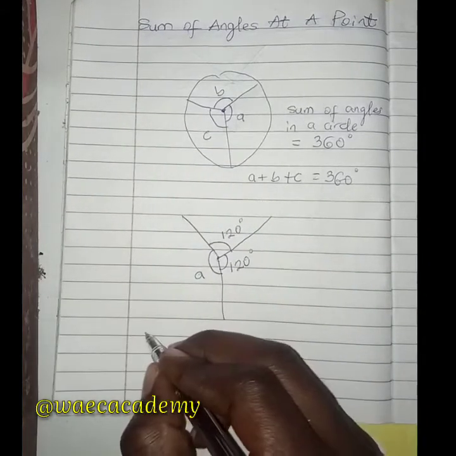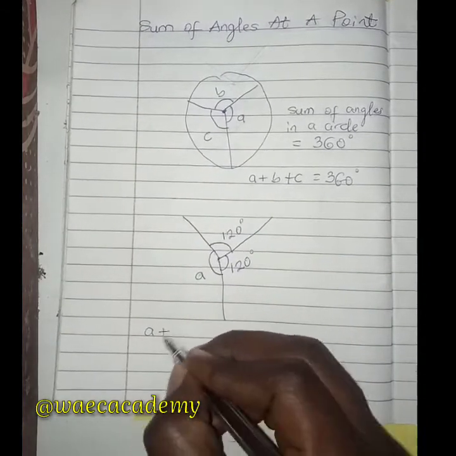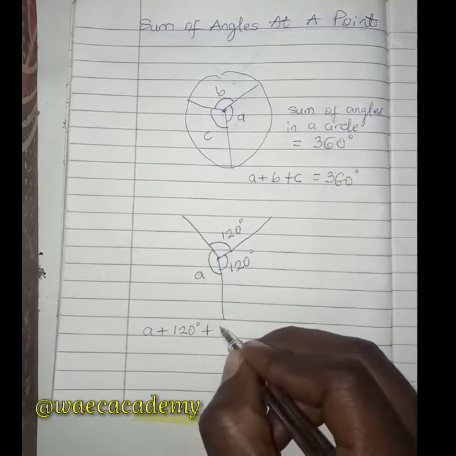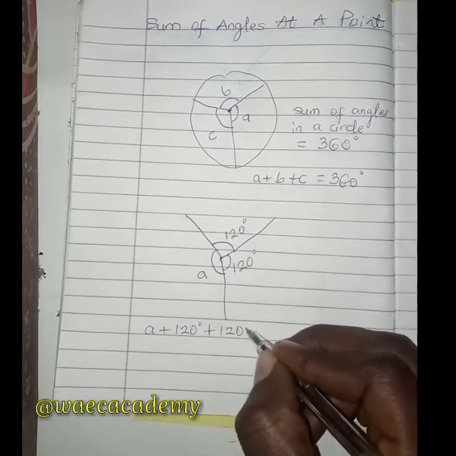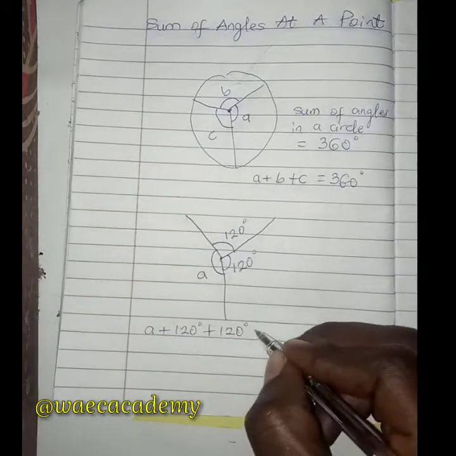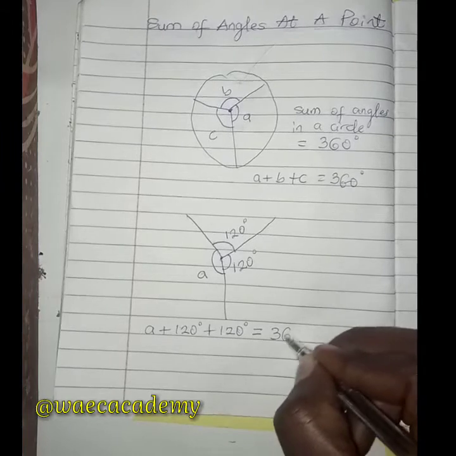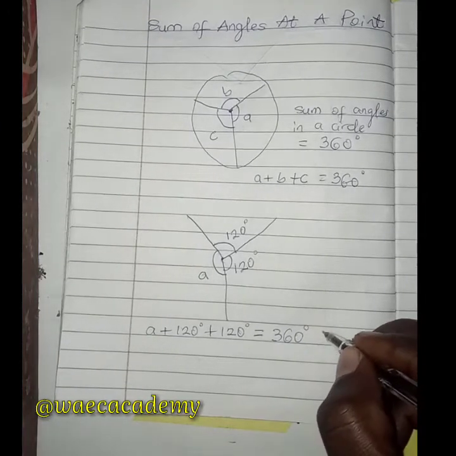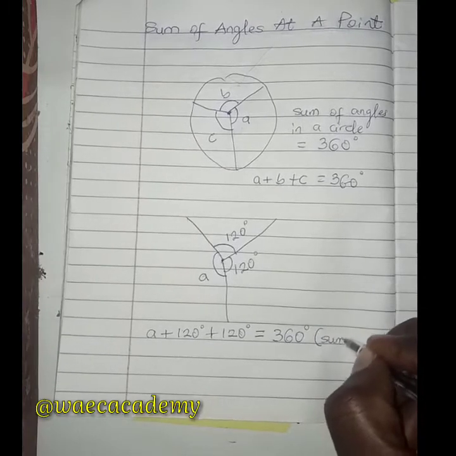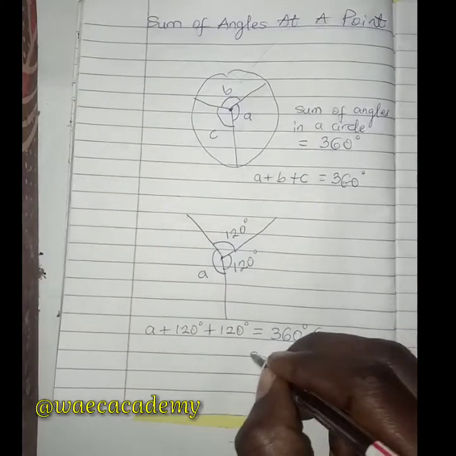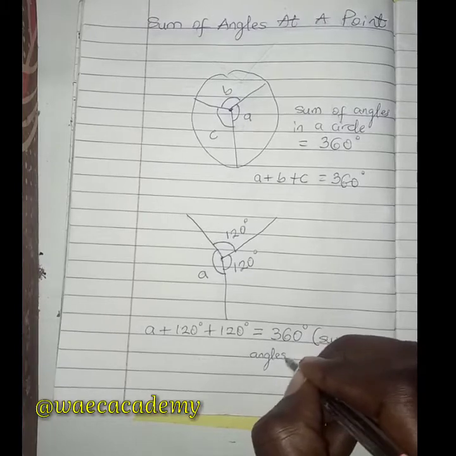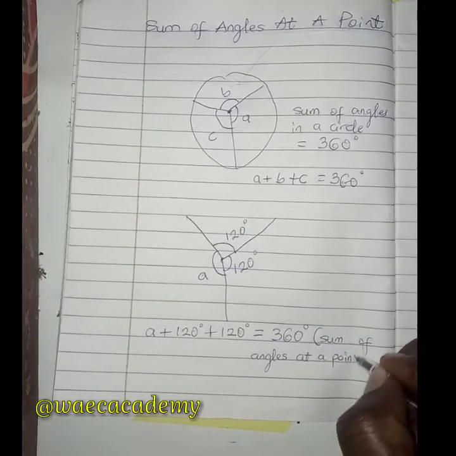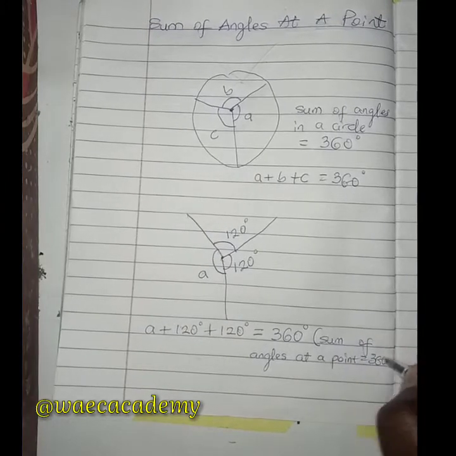So we have A plus 120 degrees plus 120 degrees, everything equals 360 degrees. What is the reason? Sum of angles at a point equals 360 degrees.